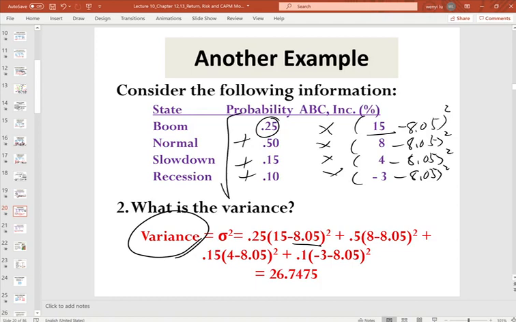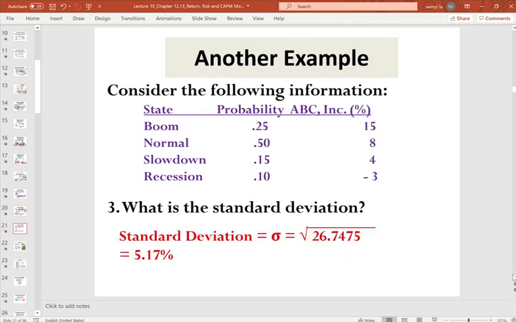Then you take the square root, which is sigma, the standard deviation. The standard deviation means that for a 1% return, the risk you will take is 5.17%.